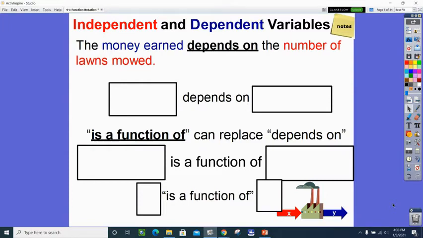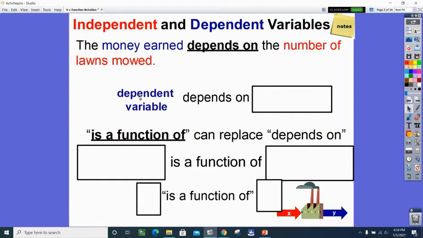Remember that the independent and dependent variables are connected. In the case of our lawn mowing, the money earned depends on the number of lawns mowed. That means that our dependent variable, the money earned, depends on the independent variable, which was the number of lawns mowed. Now, in this English here, the words depends on could be replaced with is a function of.